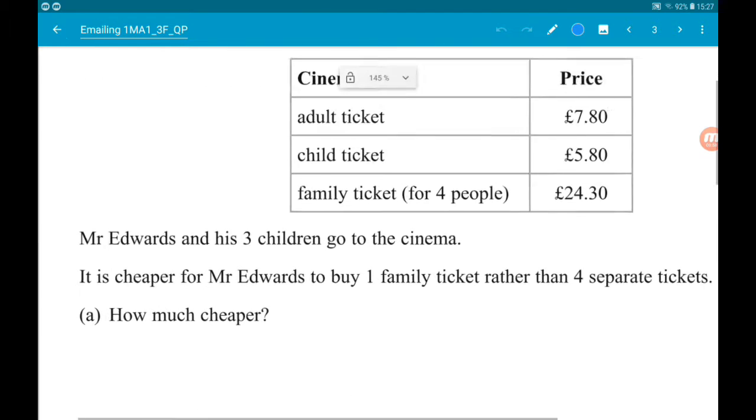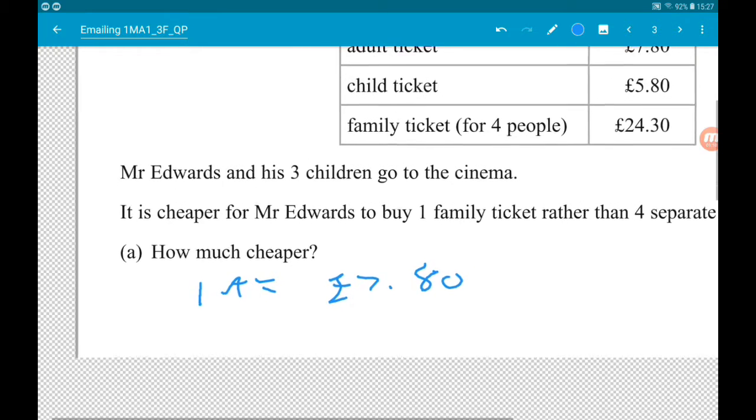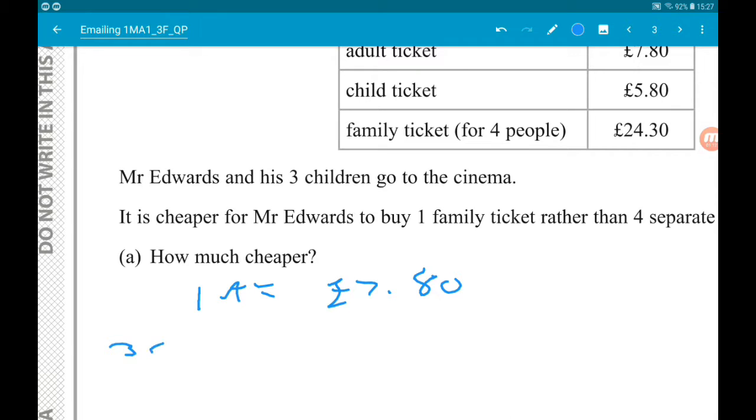So, 1 adult costs £7.80. 3 children would be 3 times £5.80. Now remember, it's a calculator paper, so you can do it on that. So that's going to be £17.40.